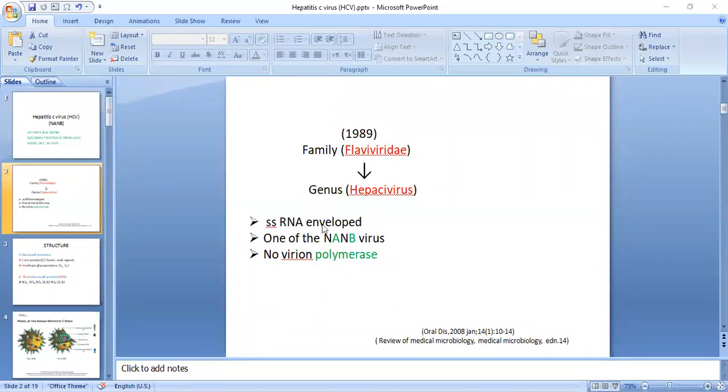Unlike the hepatitis B virus, this C virus has no polymerase enzyme, while the B virus has the polymerase enzyme.